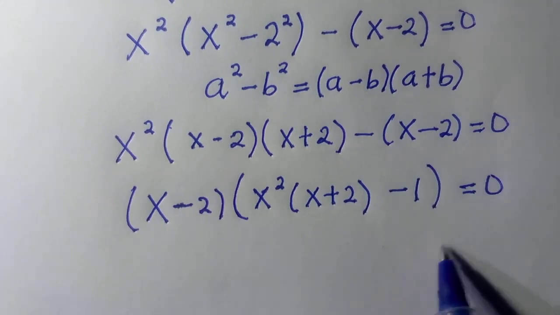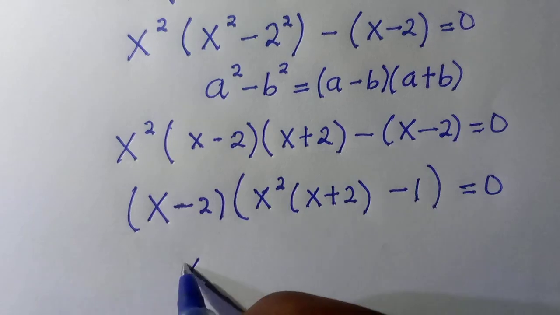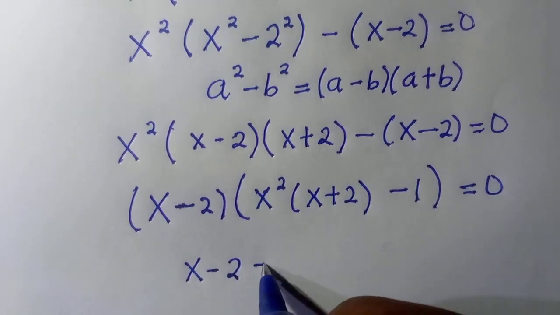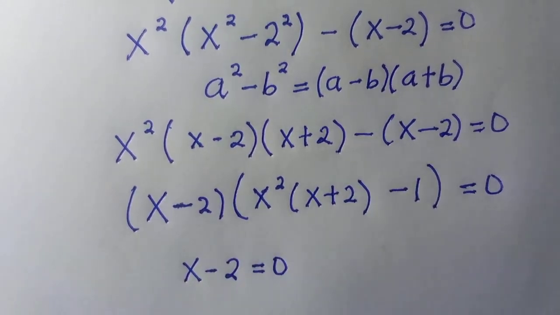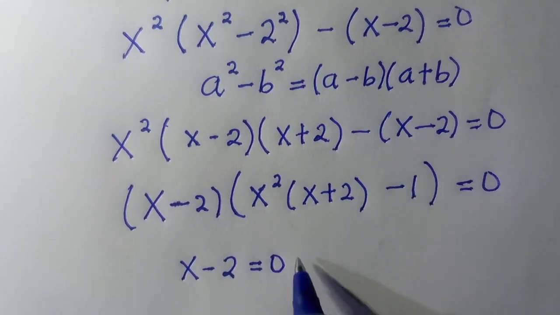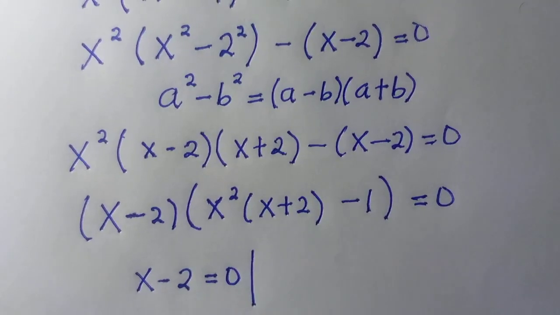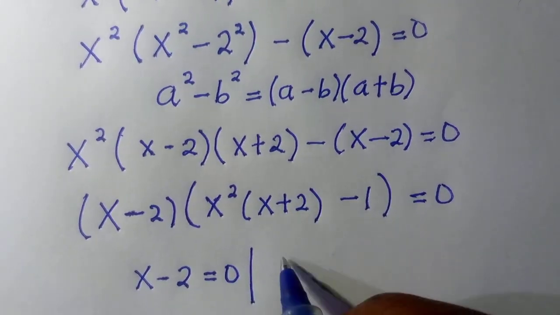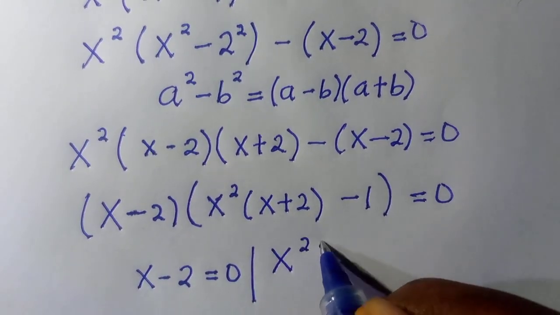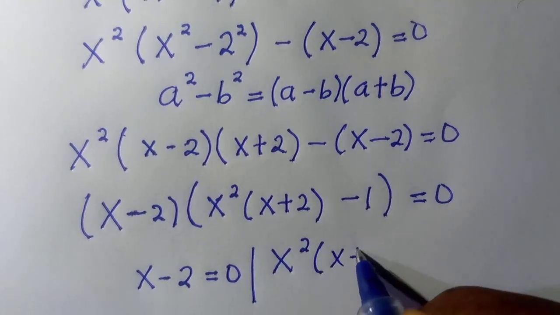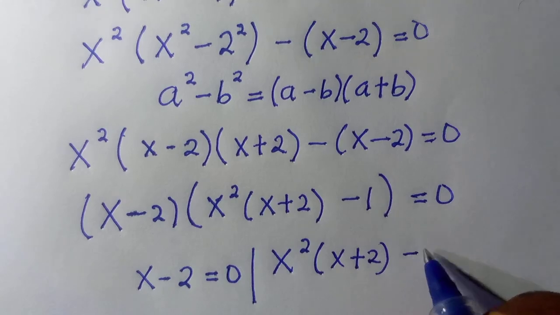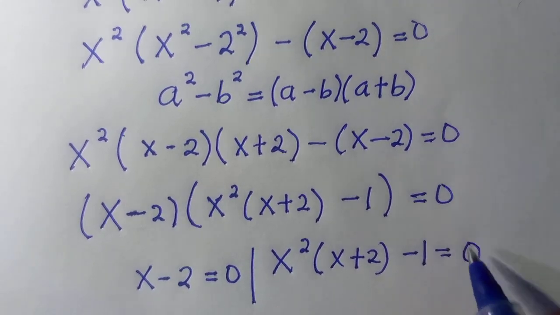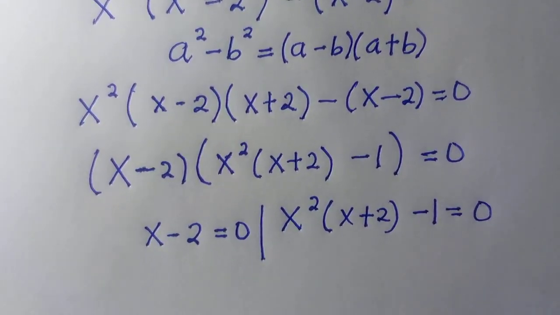For this to be equal to 0, we are going to let x − 2 = 0, or we consider the second part, which is x²(x + 2) − 1 = 0.